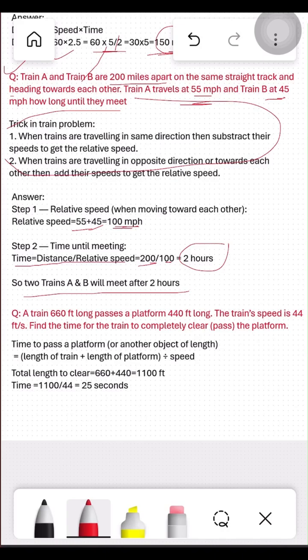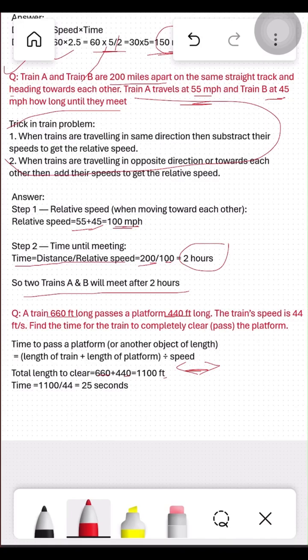Now in this case, the simple trick is that you have to calculate the total distance of the train along with the platform. The train's length is 660 feet and the platform length is 440 feet, as given in the example. So 660 plus 440 is 1100 feet.